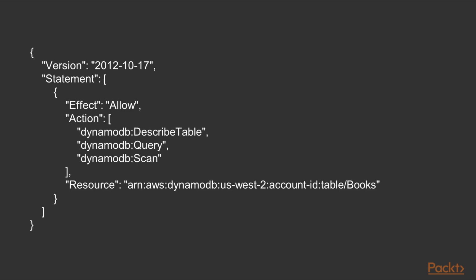So this is a JSON of a policy for a resource like Lambda to perform some operations on a Dynamo table called books. This policy will allow this Lambda, for example, to describe the table, meaning to know all the different columns and properties of the table. It will allow to query, to find things in the table, and to scan.